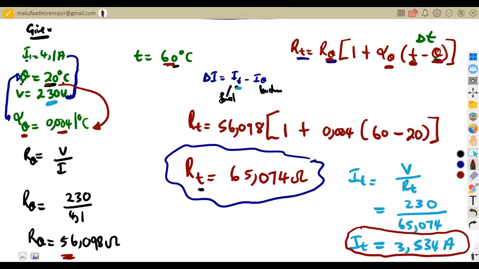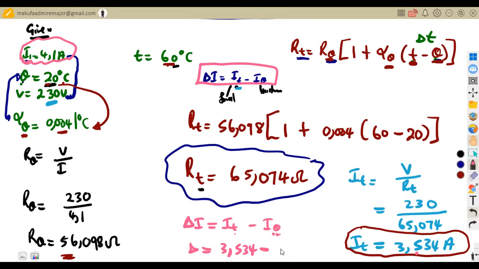So that means now we can calculate what our question is asking, the change in current, the drop in current. The change in current, like I said, is the final current minus the initial current. Our final current is the one we calculated at 60 degrees Celsius, 3,534, minus the initial current I1, the one we are given initially, which is 4,1.